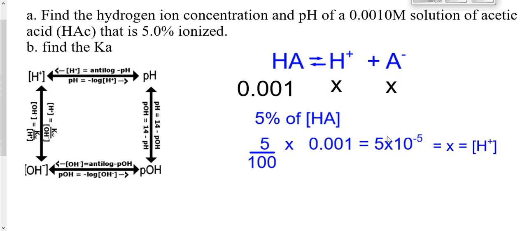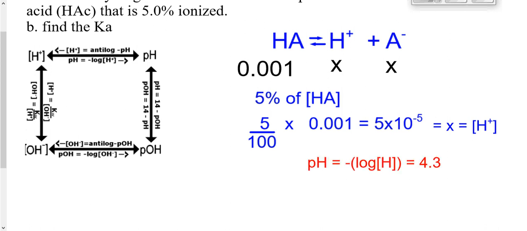It's X. It's 5 times 10 to the minus 5. Incidentally, X also is the concentration of my anion. Now that we have this information, they asked us to find the pH. Well, this is a pretty easy step because pH is just the negative of the log of this value. Substituting, the negative of the log of 5 times 10 to the minus 5 is a value of 4.3.